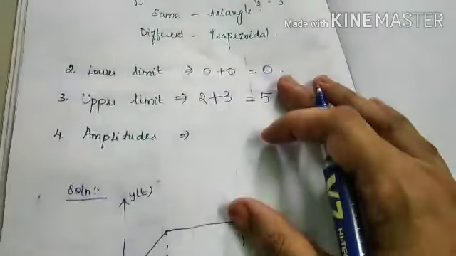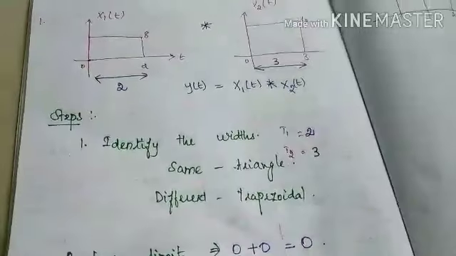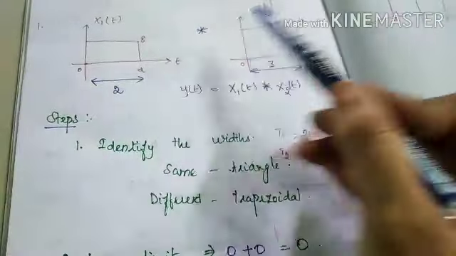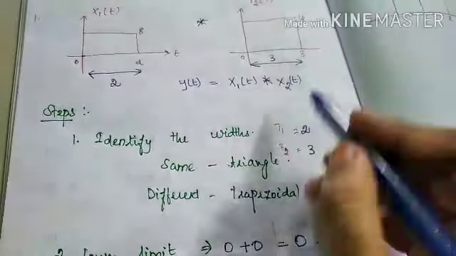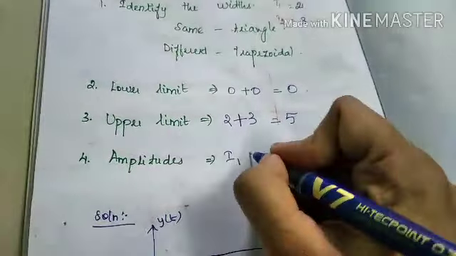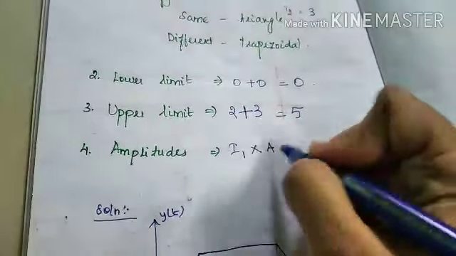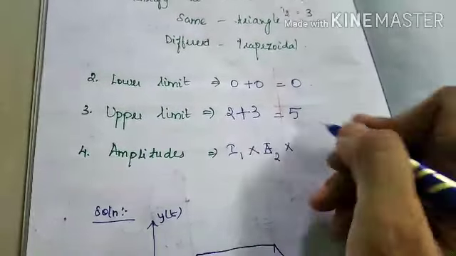Now we are going to find the amplitude. The amplitude of the first input plot and the amplitude of the second input plot are multiplied with the value of T1.